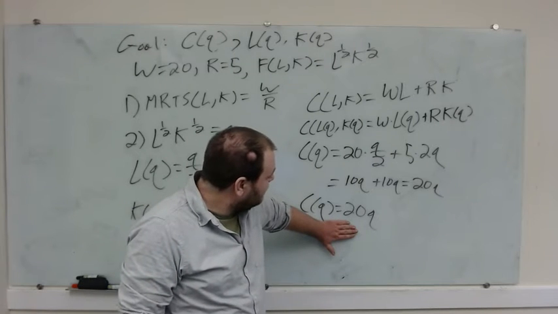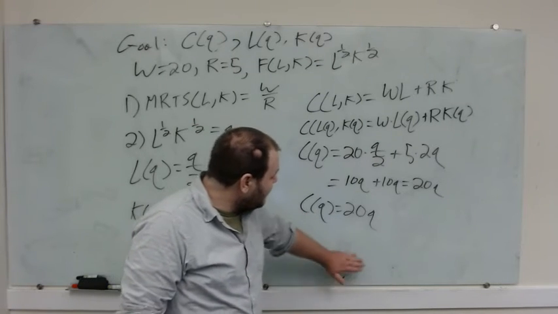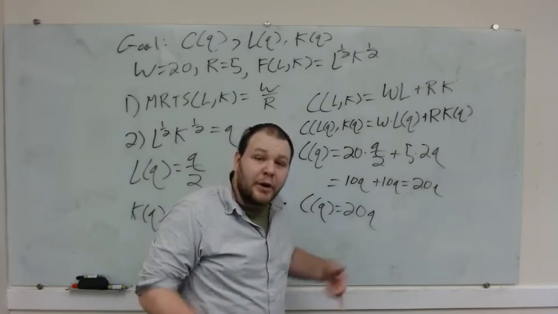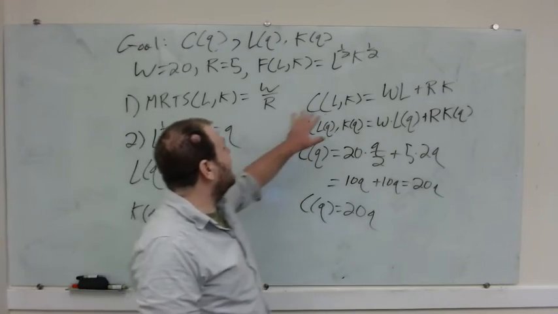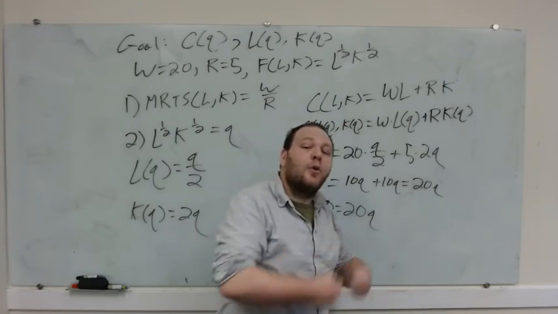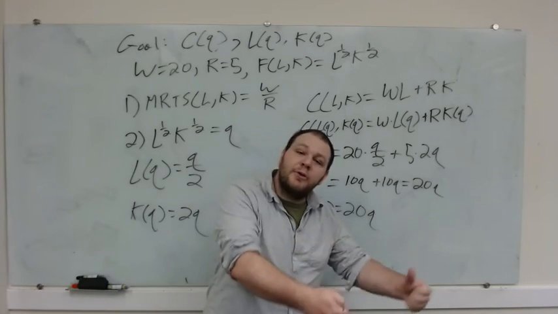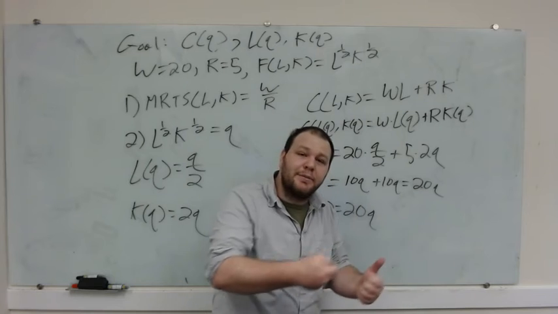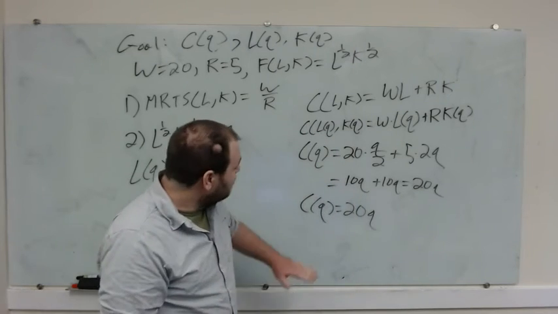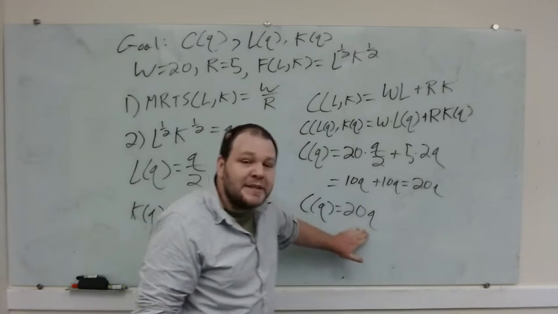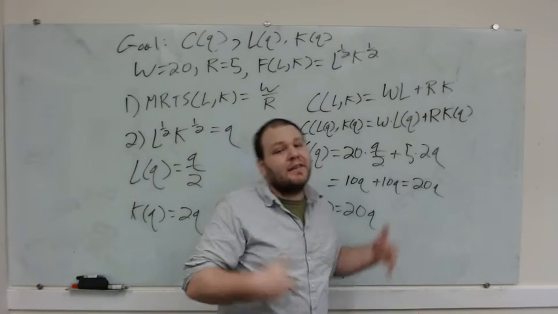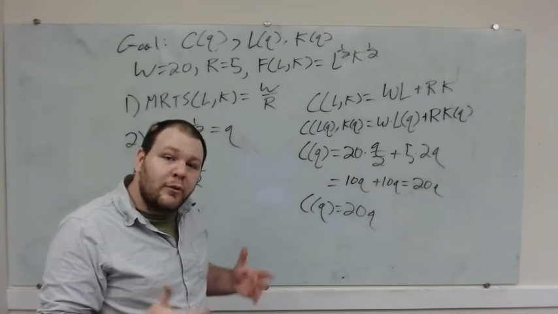And yet here, if we think about the scale of production, not what happens when we add another worker, another worker, another worker, but instead if we want to grow another ton of potatoes, another ton of potatoes, another ton of potatoes, what we're learning is each and every potato we grow is going to cost us $20. It doesn't matter if we grow 1 ton or if we grow 1,000 tons.